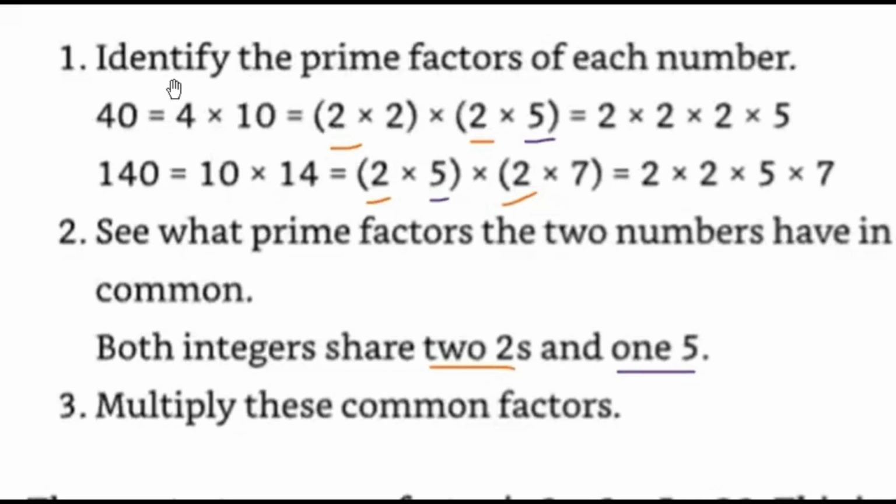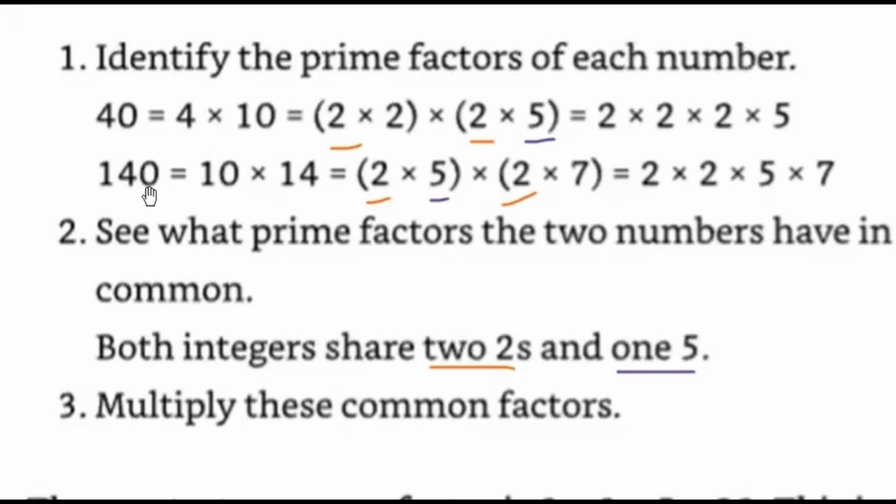The prime factor associated with 4 is 2, since 2 times 2 is 4. The prime factors associated with 10, we've already established, are 2 and 5. And so here we have our prime factorization of 40: 2 times 2 times 2 times 5.